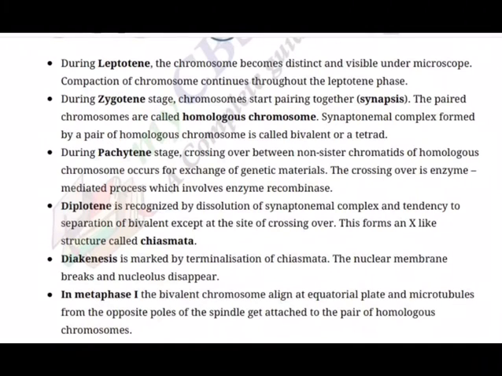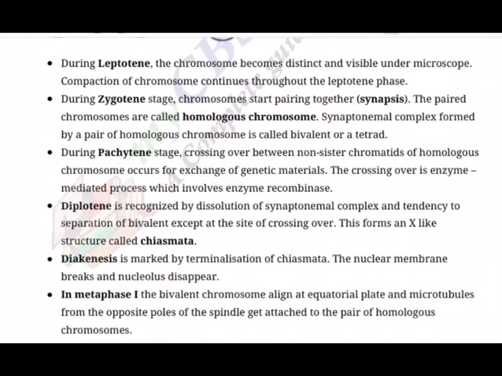So for the formation of variety, pachytene is the most important stage. This crossing over is an enzyme-mediated process which involves an enzyme called recombinase.